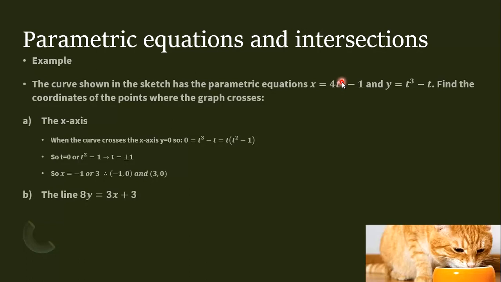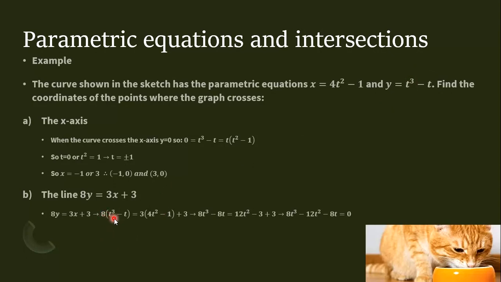Where it crosses the line 8y equals 3x plus 3. So if 8y equals 3x plus 3, we can sub in the x equation from up here into that. So 8y, 8 lots of, and the y equation from up here as well.